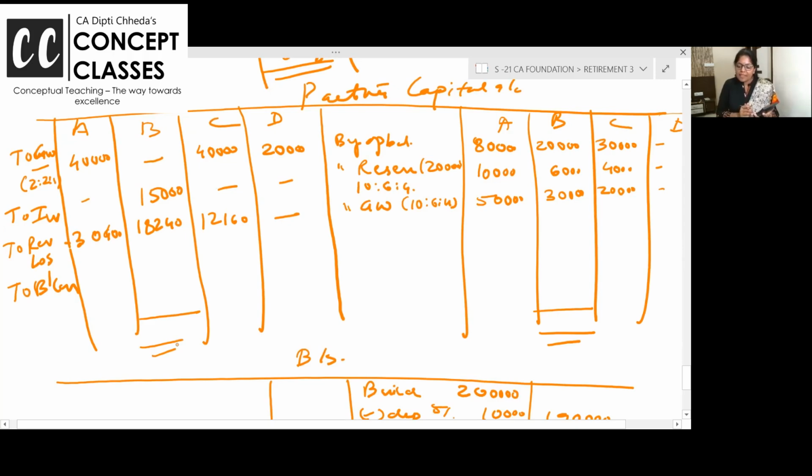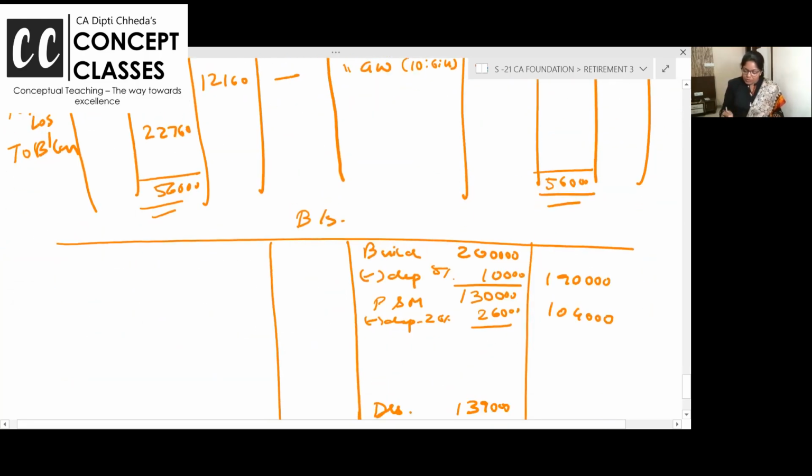How much is B's account? 26,000 plus 30,000, 56,000. 22,760. बी के लोन अकाउंट में डाल दो.